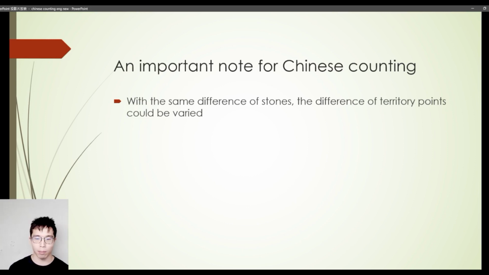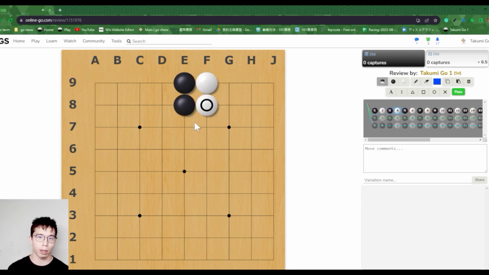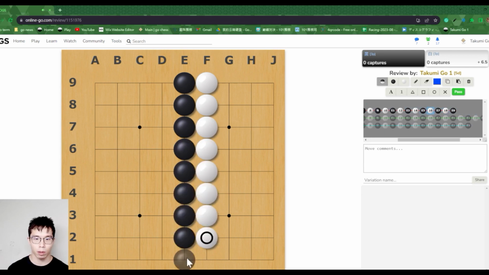For an easy example, let's see this. Black and white start to play. As they don't know how to play, they just play up. And at this moment, it's black's turn. If black passes and white passes, then the game will end with black having 45 stones and white having 36 stones.